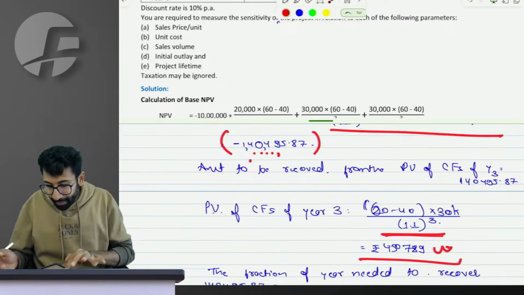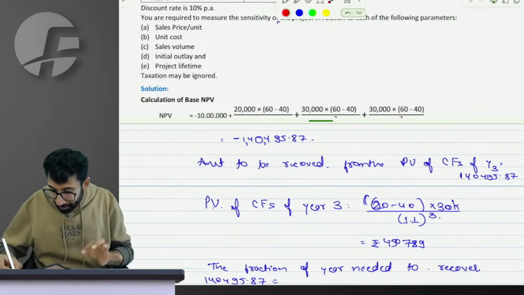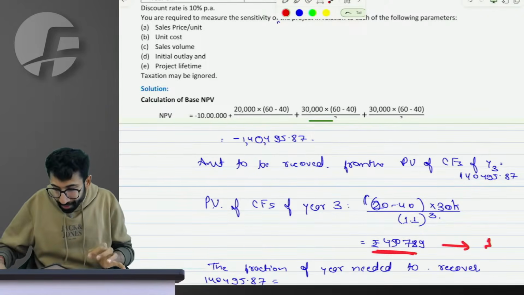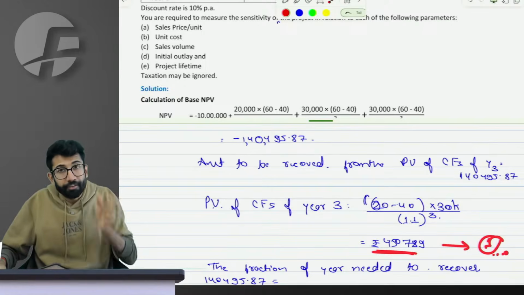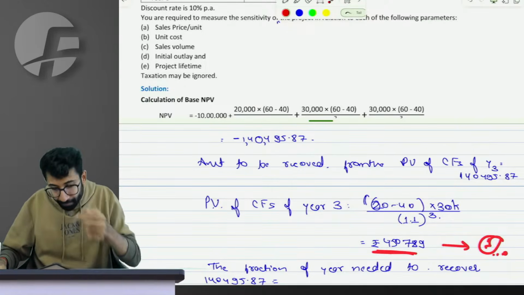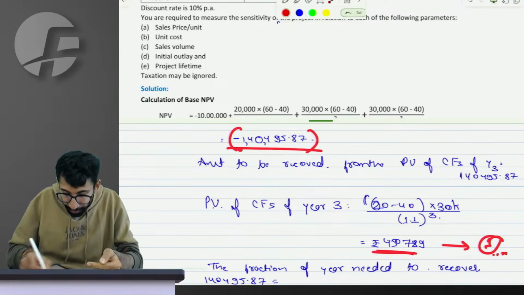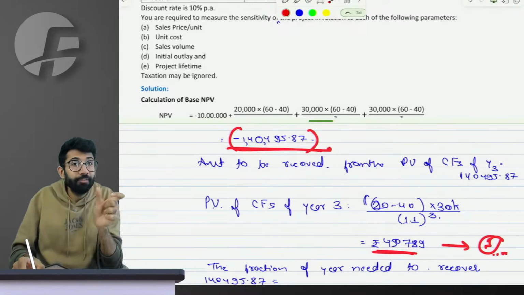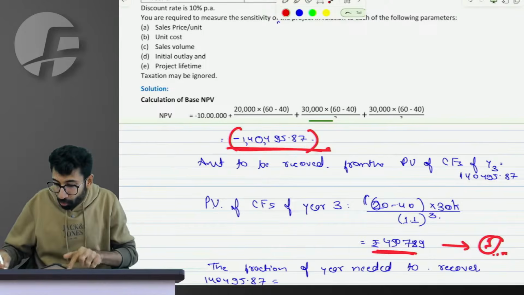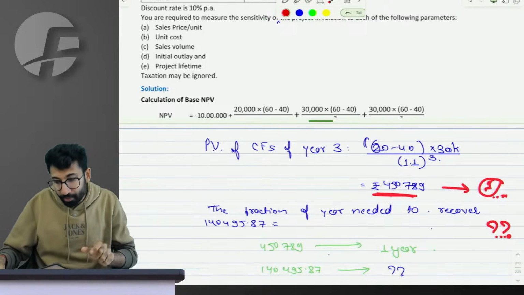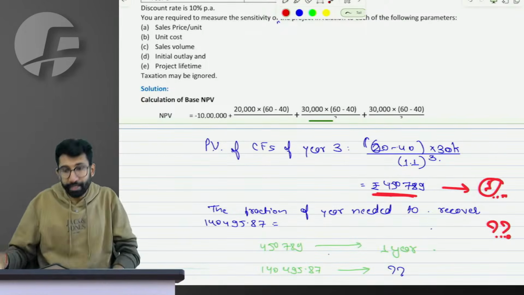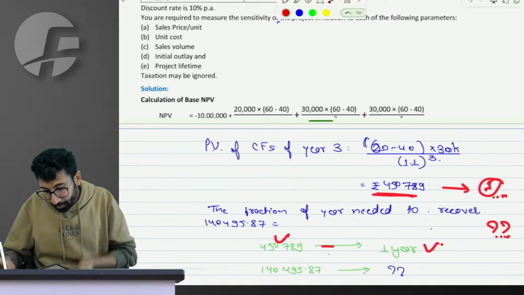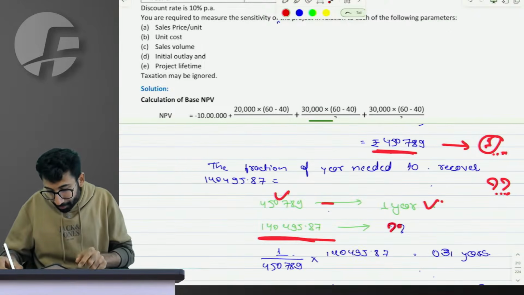Can you all please apply common sense and tell me, 4,50,000 is being earned in the entire year in present value terms. If I want to earn only 1,40,000 out of it, because I want to make my NPV 0, not make it positive, how much of the year do I need? So sir, if 450 is being earned in the entire year, then 140 will be earned in what part?